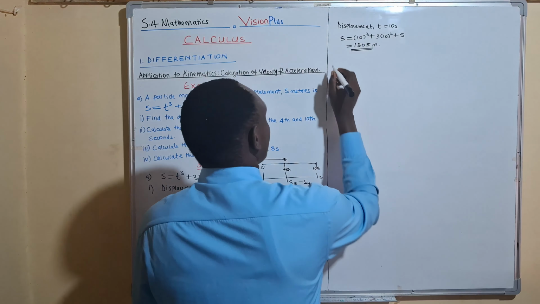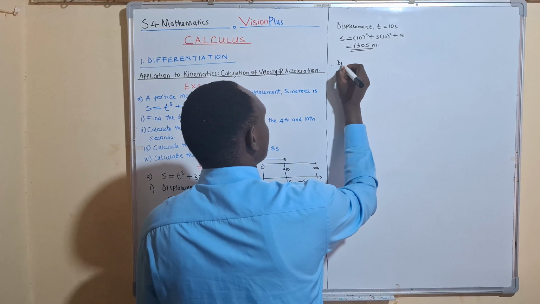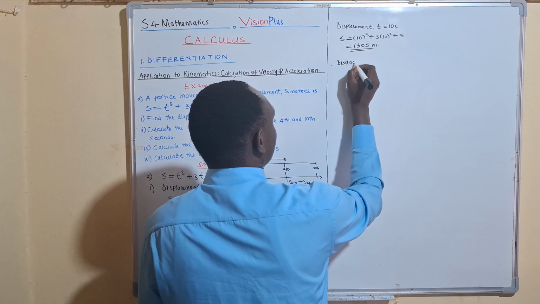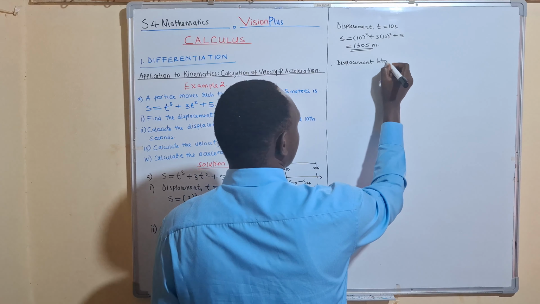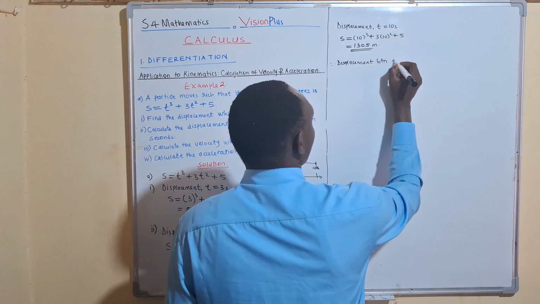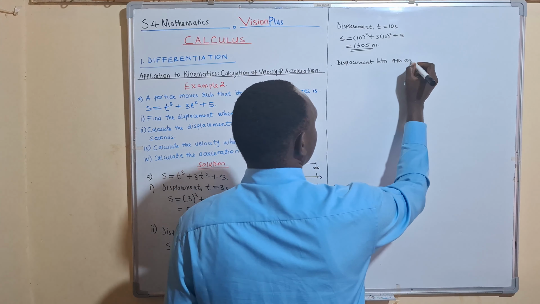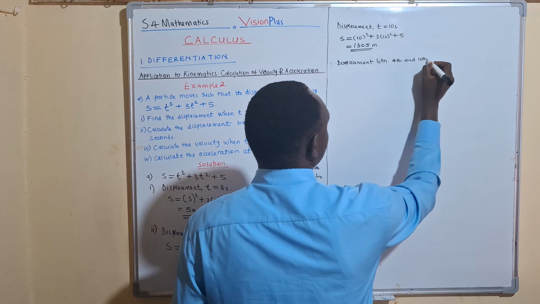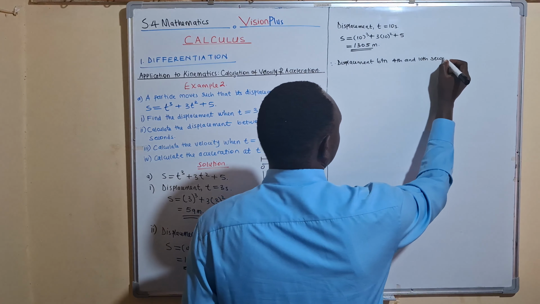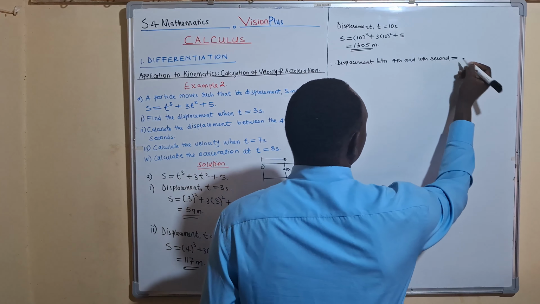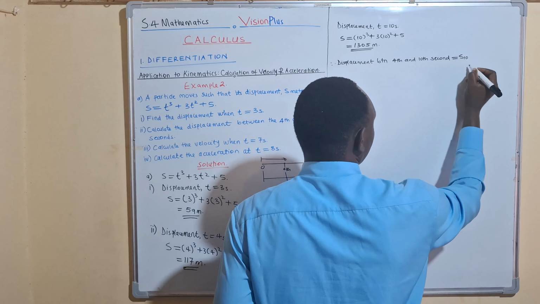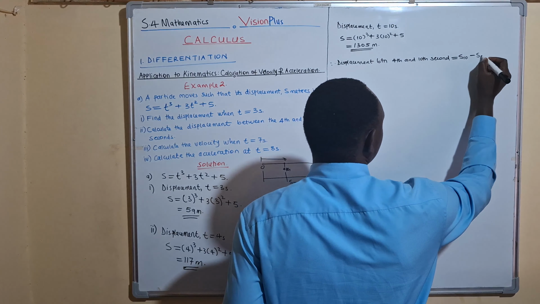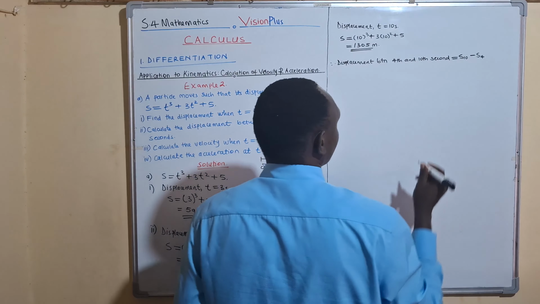So we say, therefore, displacement between 4 and 10 seconds becomes the displacement at 10 seconds minus the displacement at 4 seconds.